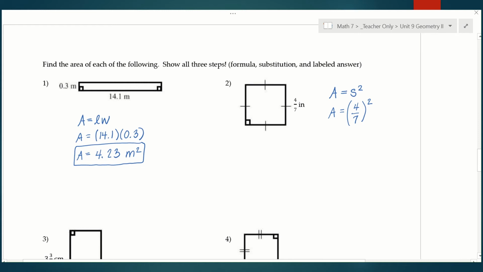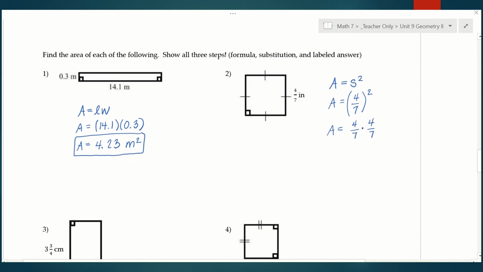Okay, so if you remember, to square a fraction, or square any number, it means to multiply it by itself. So I'm really doing 4/7 times 4/7, which gives me 16/49. And this would be, again, inches squared. Okay, so that one you could have put in your calculator, you could have done it using the ABC key, but I think it's pretty easy to do that one by hand because you're just multiplying straight across.